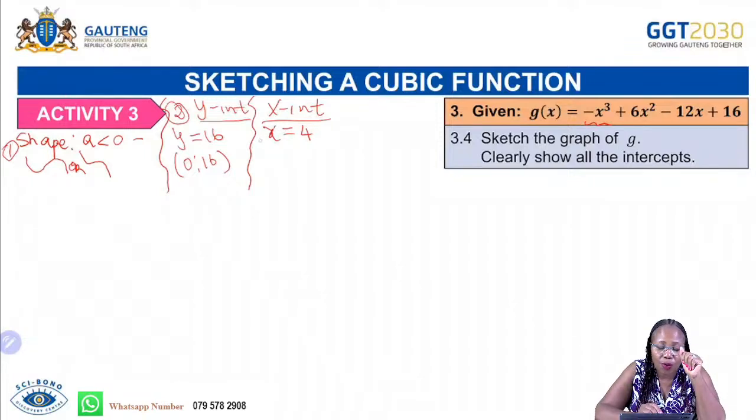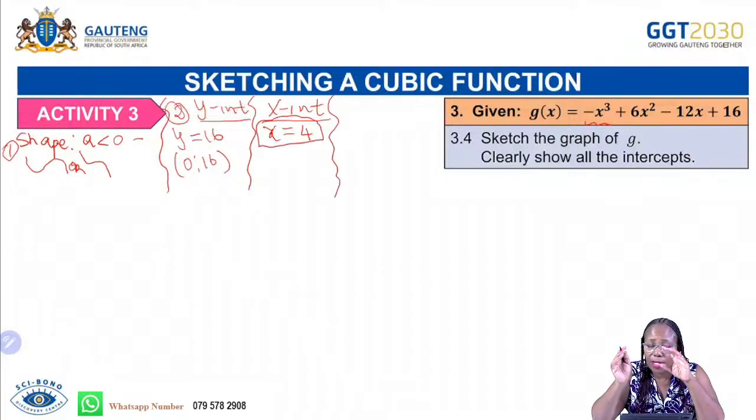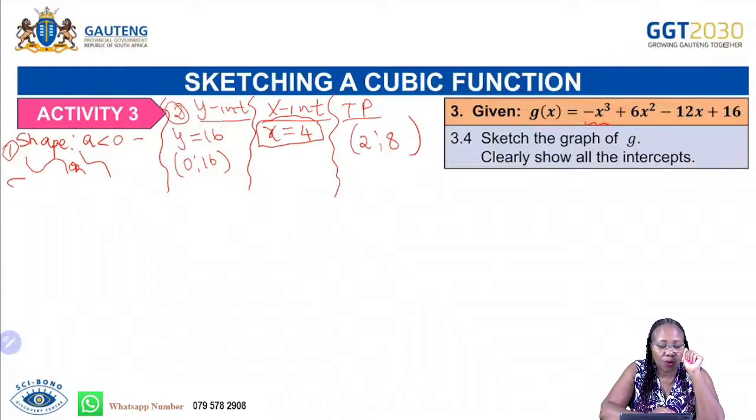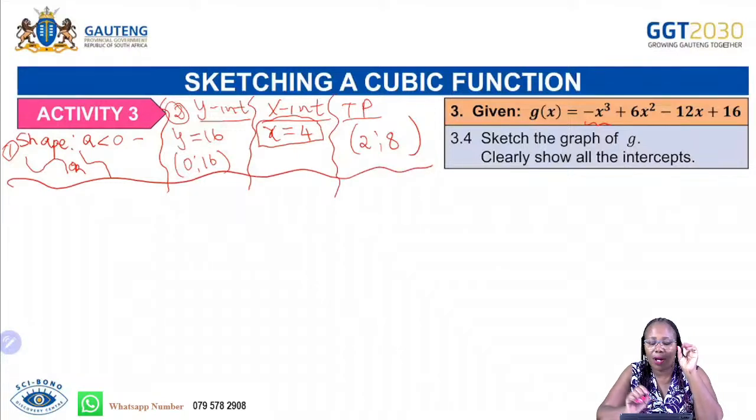So this is the only x-intercept that we are having on this function. Now we also calculated the turning point. The stationary point is giving us only one stationary point, which is the coordinate (2; 8). So we have all what we need.